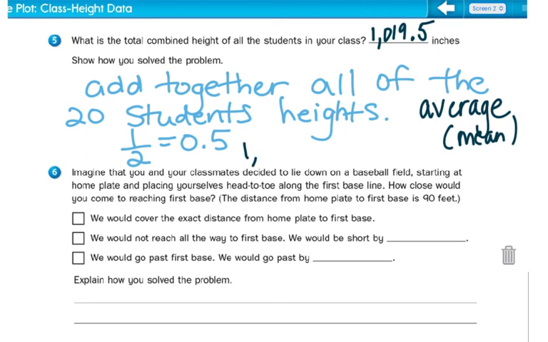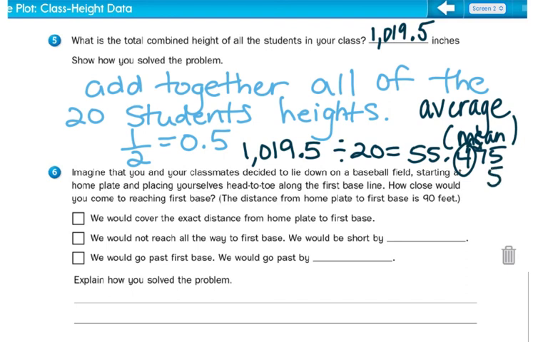So if I took 1,019.5 and divided it by 20, I would end up with something like this: 55 and 475 thousandths. If I wanted to round that to the nearest tenth, I would say the average 5th grader is 55 and 5/10 inches, or 55.5 inches.